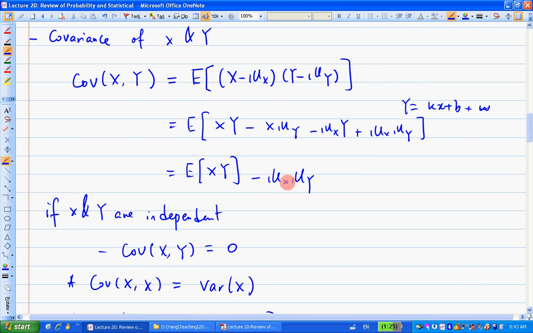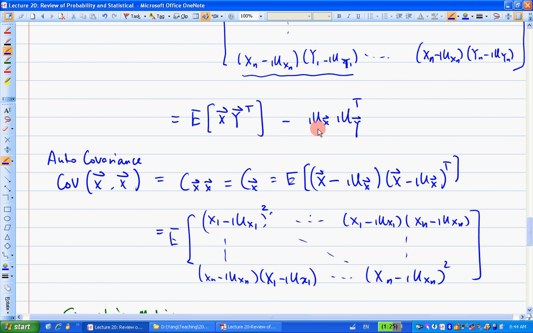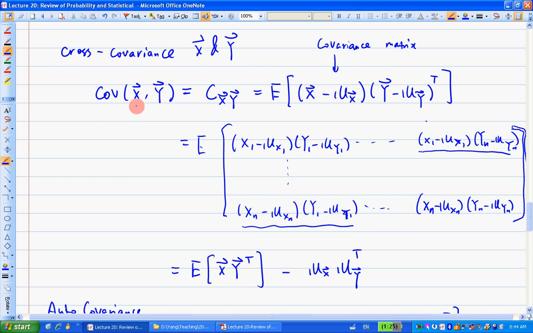If there's zero mean, it basically means this is 0 and this is 0 here, right? So then this guy here is basically the same as this guy here and this guy here. So the covariance becomes the same as the correlation here.